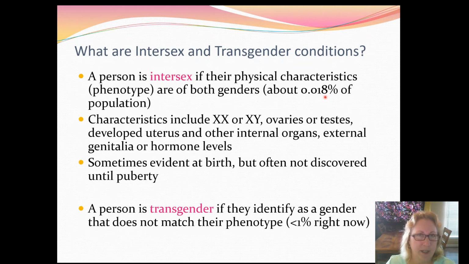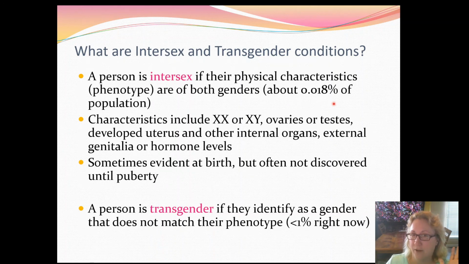And the way that intersex individuals are being treated as children has changed significantly, luckily for the better. Surgeons used to routinely do surgery on intersex individuals as infants, assign them to female generally, and then never tell them they were intersex. And now we know that that was not the right thing to do.